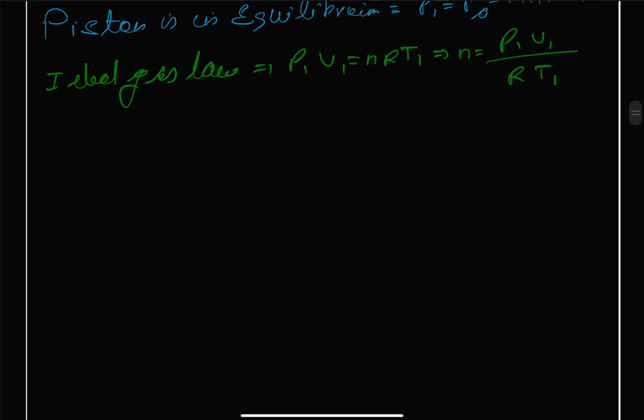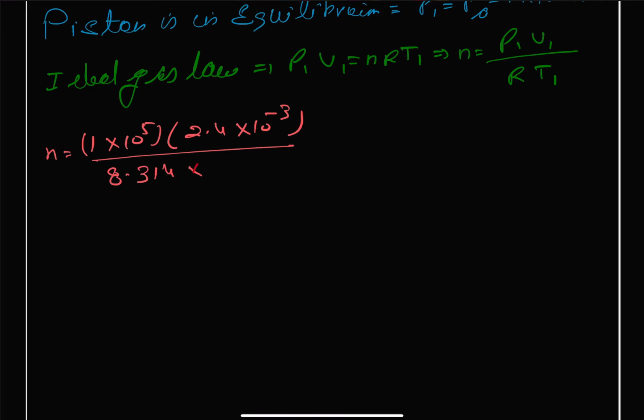We substitute the values: n equals P1, which is 1 into 10 to the power 5, V1 is 2.4 into 10 to the power minus 3, R is the standard 8.314, and T1 is 300 Kelvin. So the number of moles will be approximately equal to 0.09621 moles.